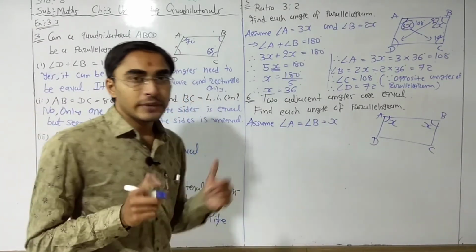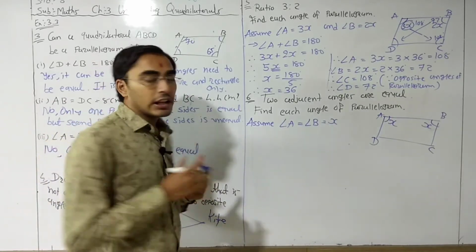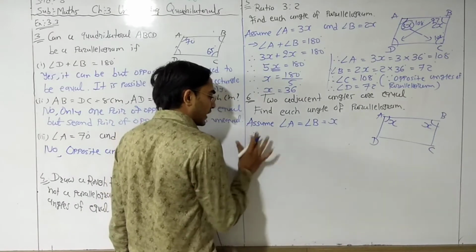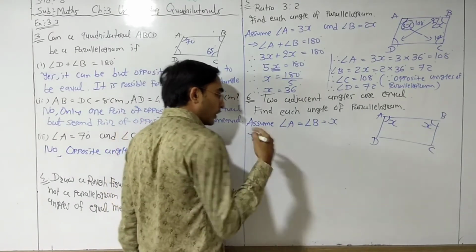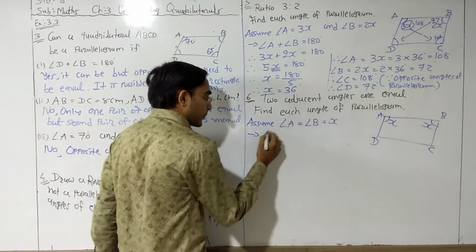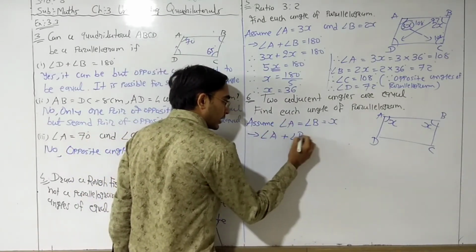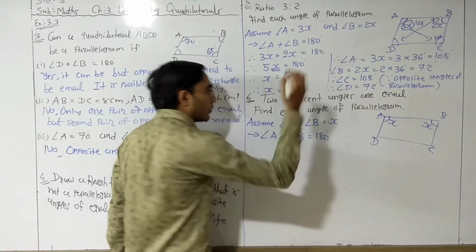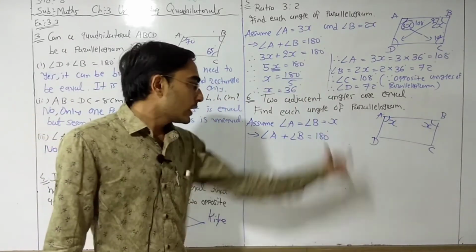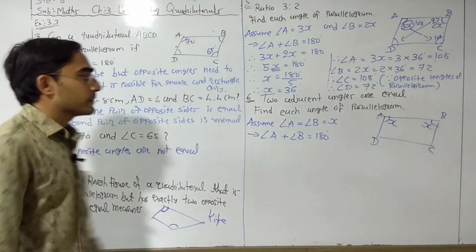First of all, use the adjacent angle property of the parallelogram. The sum of the adjacent angles of a parallelogram is 180 degrees. So here, angle A plus angle B is equal to 180 degrees, because the sum of two adjacent angles in a parallelogram is equal to 180 degrees.